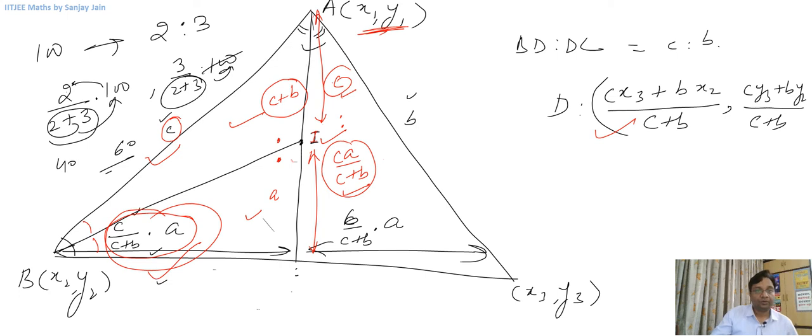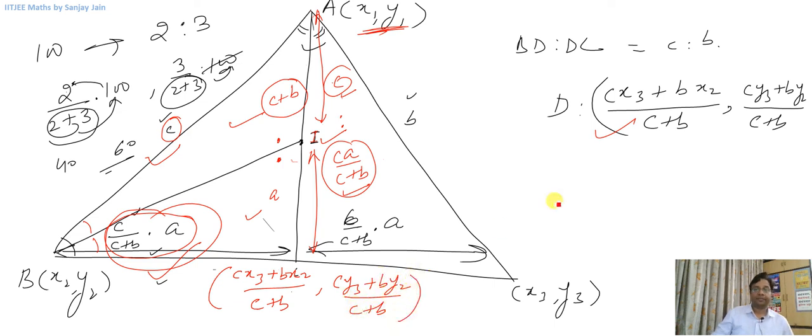So what are the coordinates of this point? These are Cx3 plus Bx2 divided by C plus B, Cy3 plus By2 divided by C plus B. Now let me erase this also.